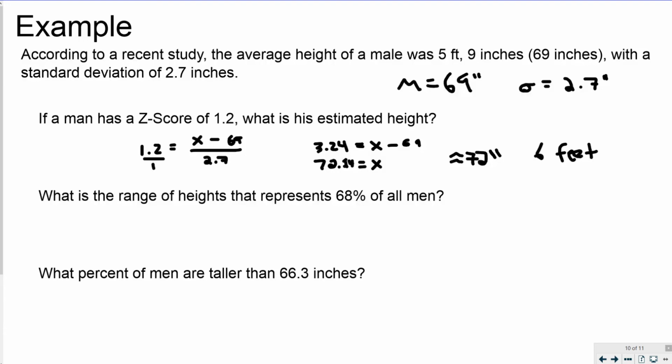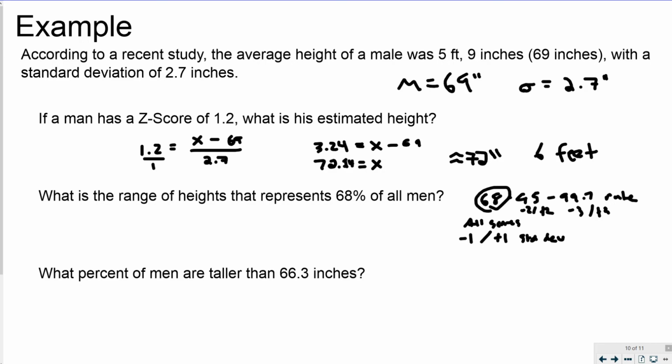And then, what is the range of heights that represents 68% of men? So this is that part of that 68, 95, and 99.7 rule. 68 is all scores within minus or positive 1 standard deviation. Whereas 95 was 2 standard deviations, so this one would be minus 2 or plus 2 standard deviations, and this one is minus 3 or plus 3 standard deviations.